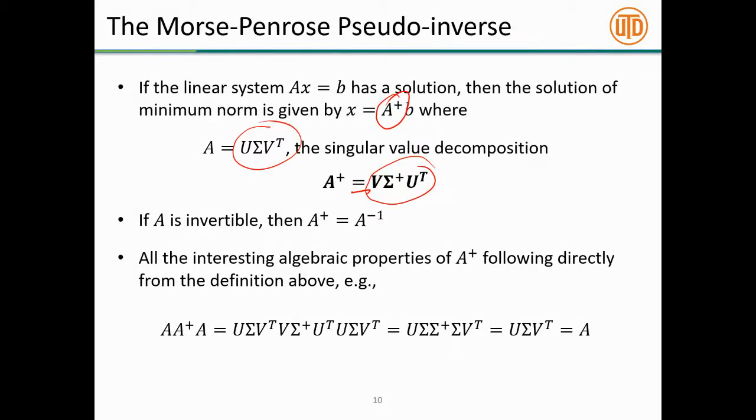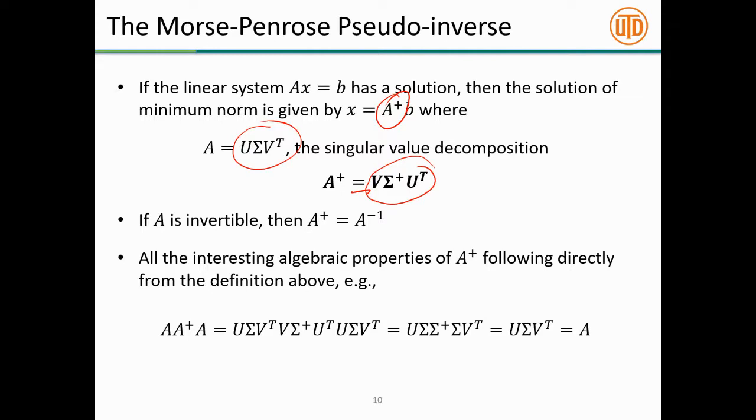So a couple things to check about this pseudo-inverse. If the matrix A is invertible, what that would mean here is that it's a square matrix of full rank. And we can check that A plus is equal to A inverse. The reason is that in this case, sigma plus is equal to sigma inverse.